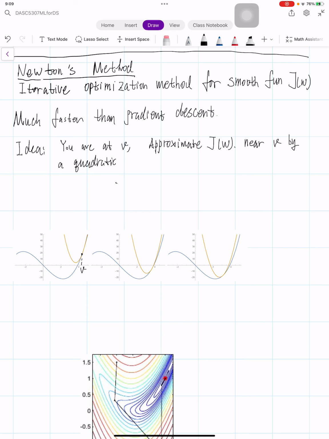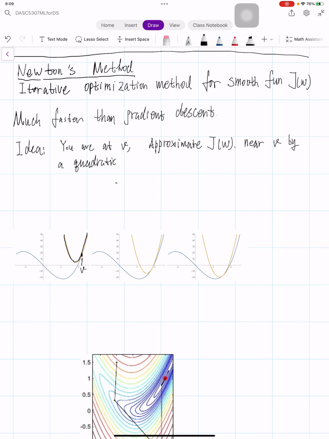Not like gradient descent, where we just use the gradient, so you are actually using a line to approximate. Here we use a parabola tangent at this point v, and jump to the unique critical value.